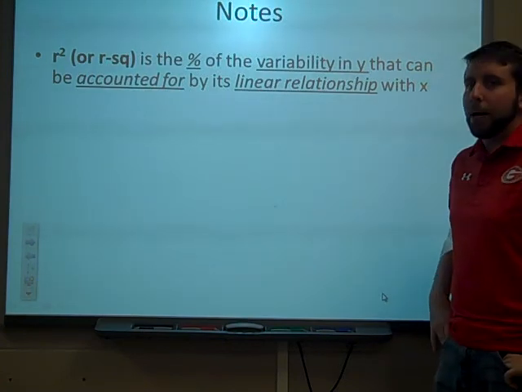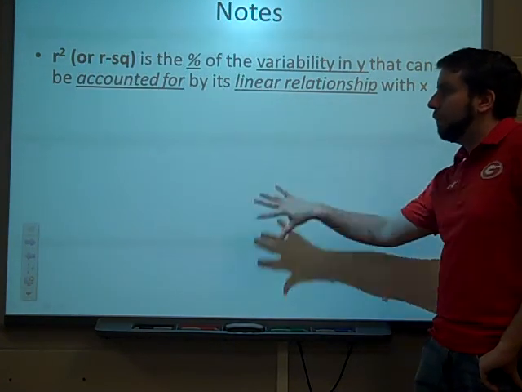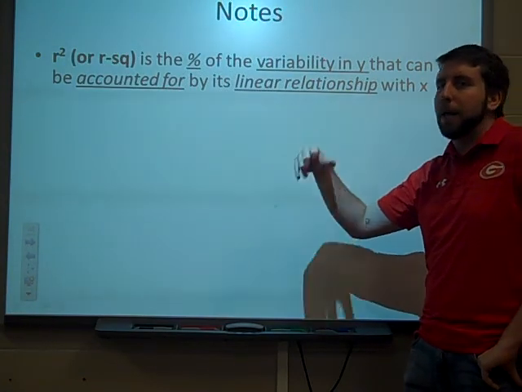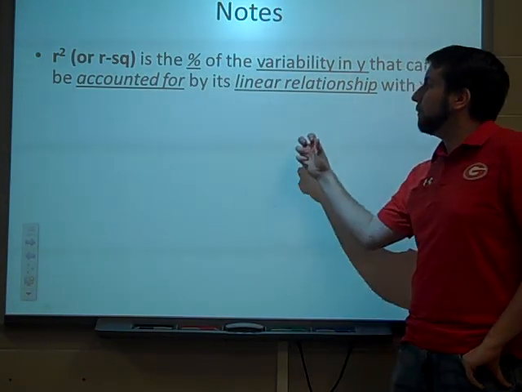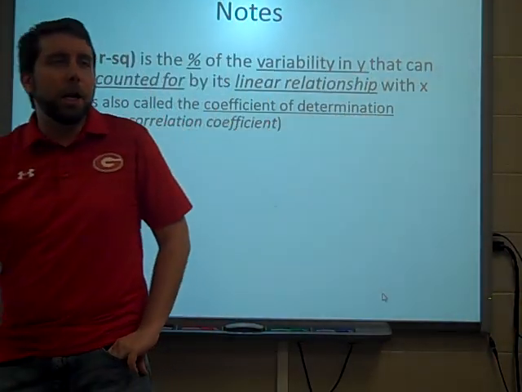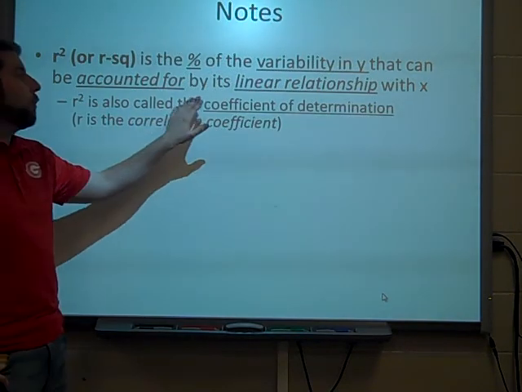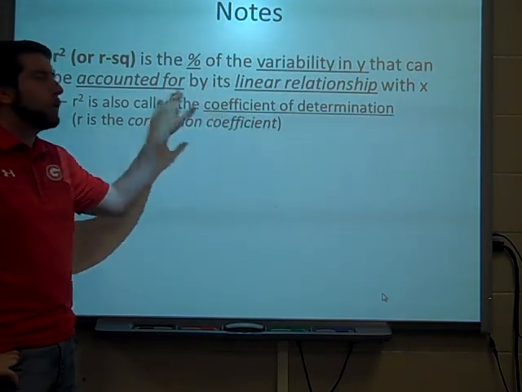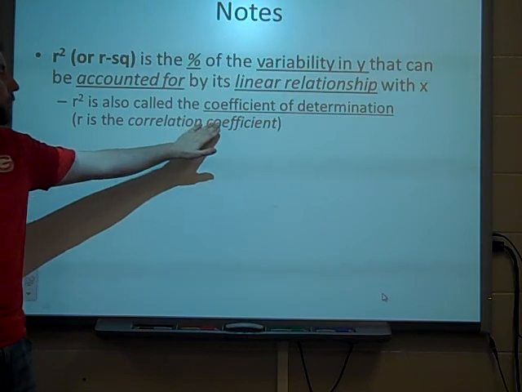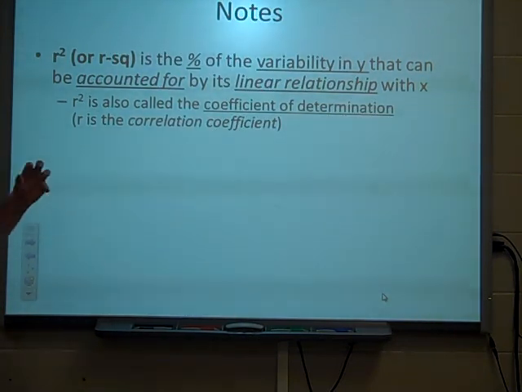That sum of squares went down 82% once we actually made a line that fit the data as opposed to just looking at the average foot length. It's also called the coefficient of determination. So this is another vocab term to know. Coefficient of determination is r squared. Correlation coefficient is r. So don't get confused between the two. R is the correlation coefficient. R squared is the coefficient of determination.